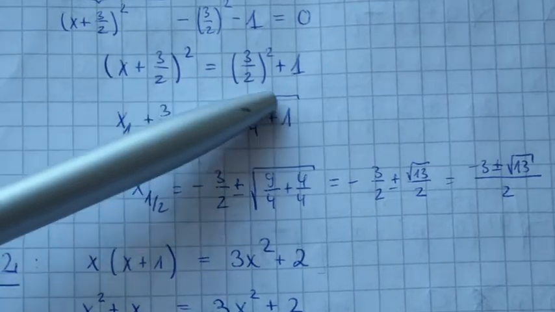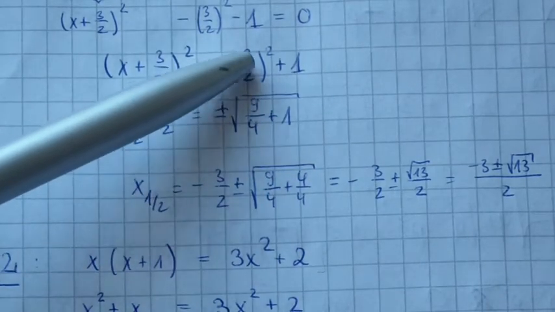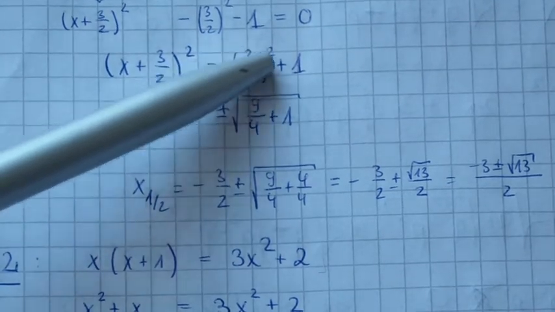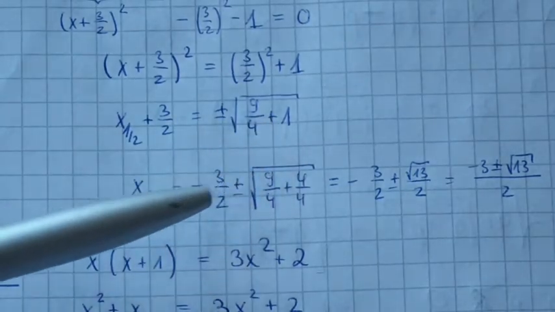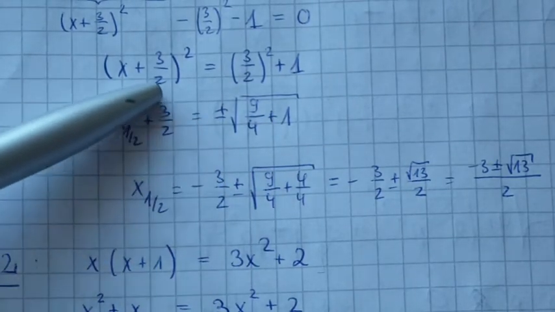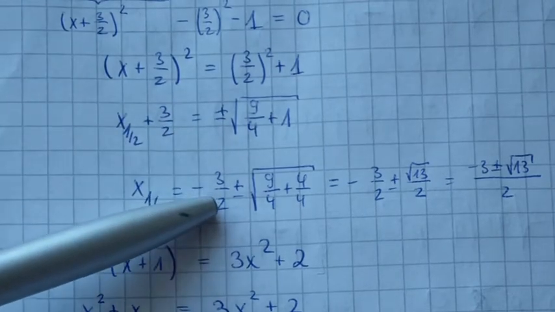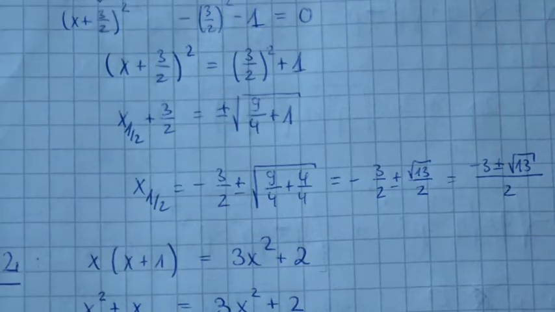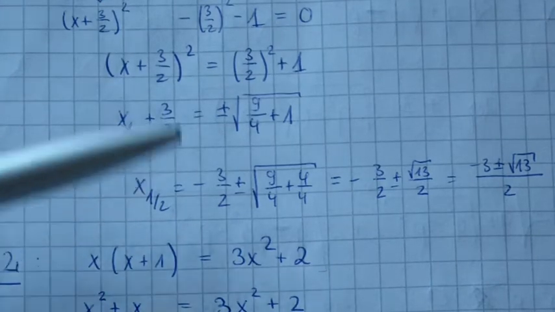And here below the square root I've rewritten this. This is 9 is just 3 squared divided by 2 squared, so 9 over 4, plus 1. Now in the next step I'm just putting this constant part 3 halves to the right hand side. Do not mix it up with the constant part from before. It's just constant because it's 3 halves.